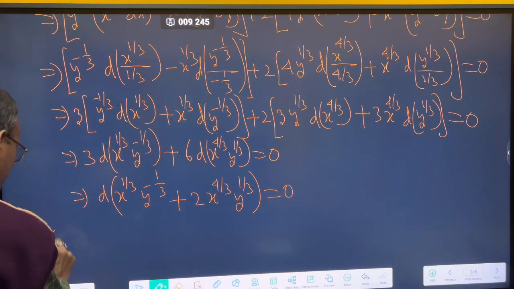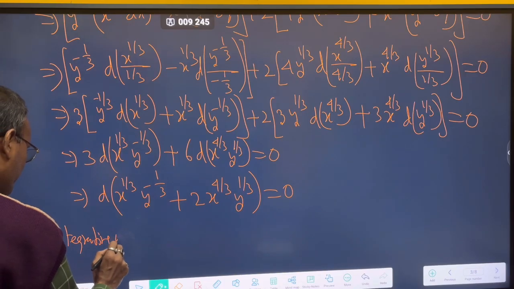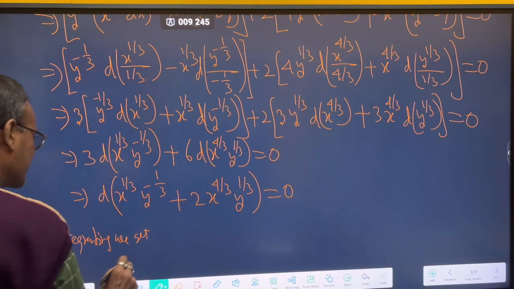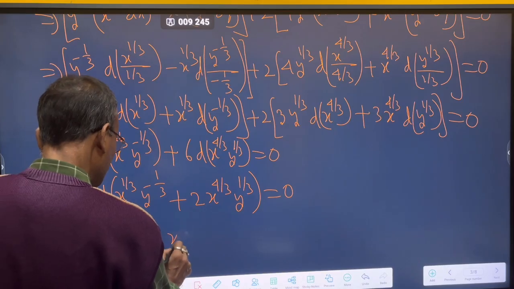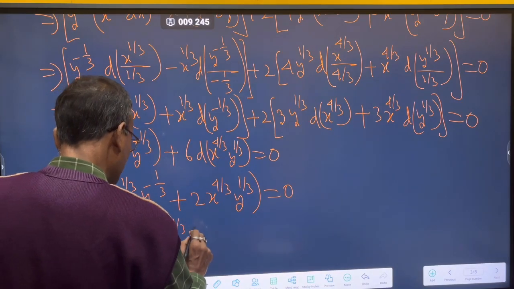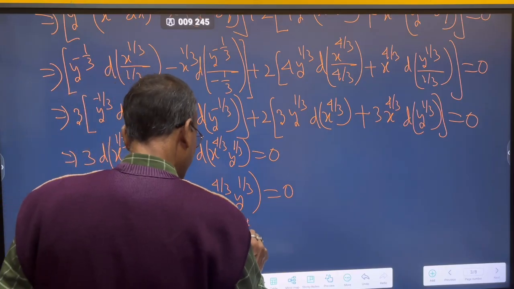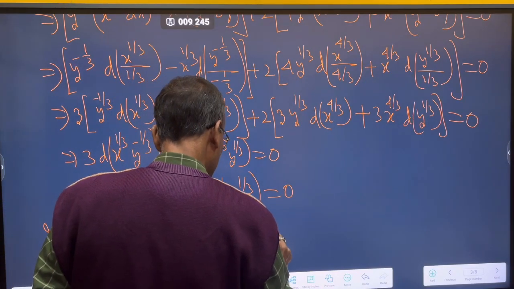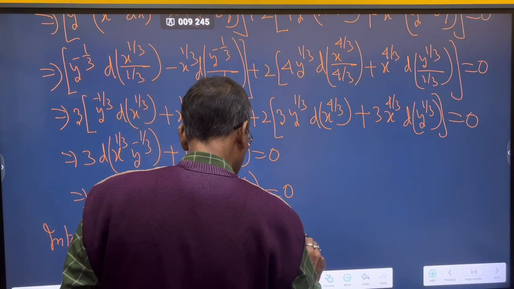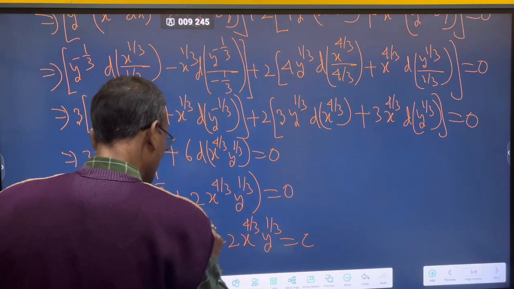Integrating we get x to the power 1 by 3 y to the power minus 1 by 3 plus 2 times x to the power 4 by 3 y to the power 1 by 3 is equal to constant.